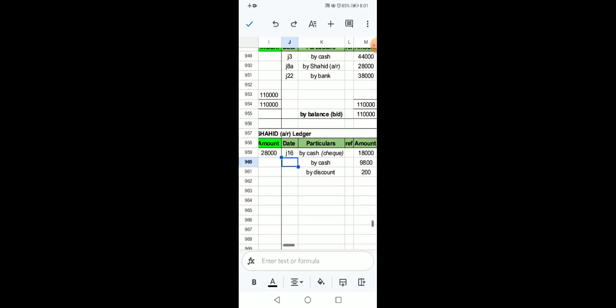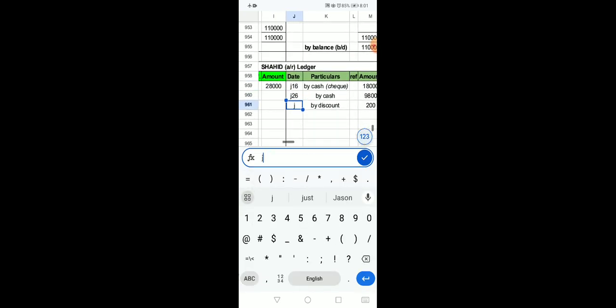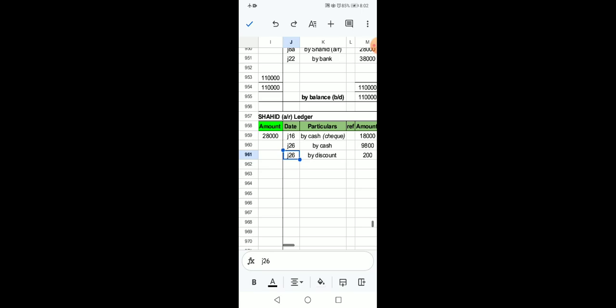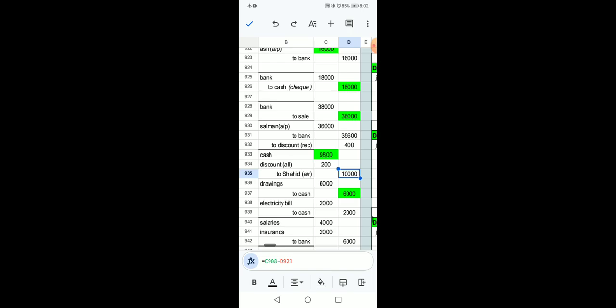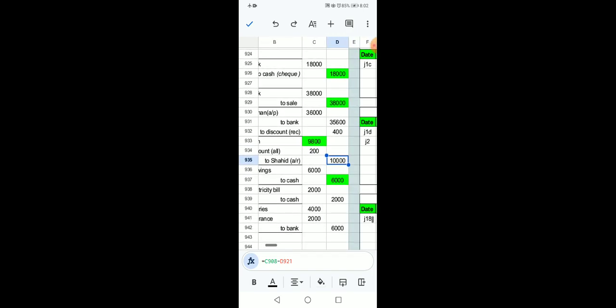So you are going to put the date over here, January 26 for cash and the same January 26 for discount as well. So posting for 10,000 of Shahid is completed. See where 10,000 is, here Shahid. Posting for 10,000 is completed. Mark it as done.